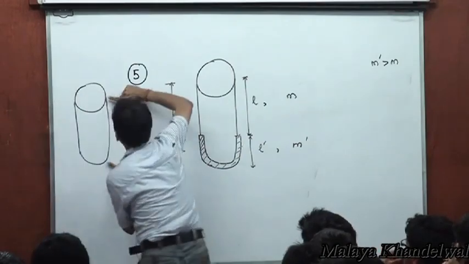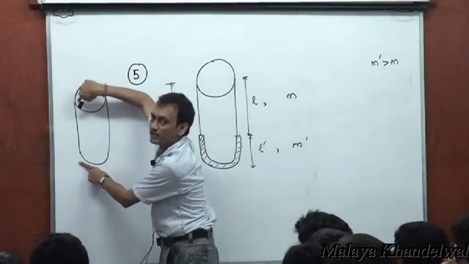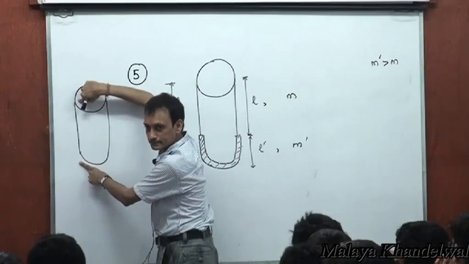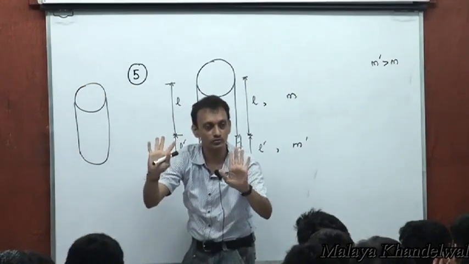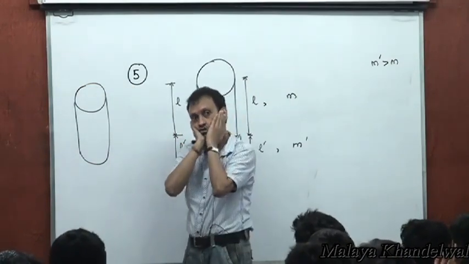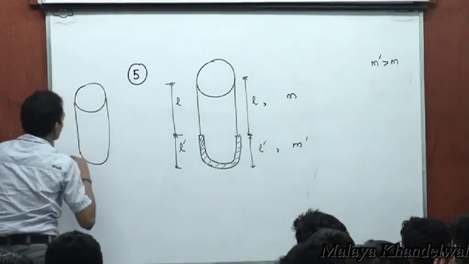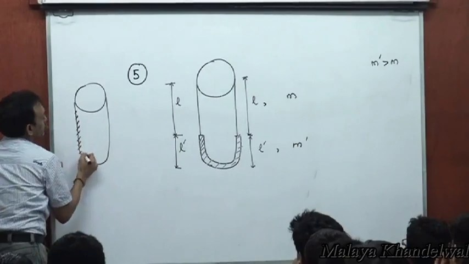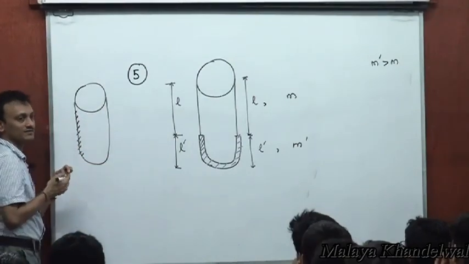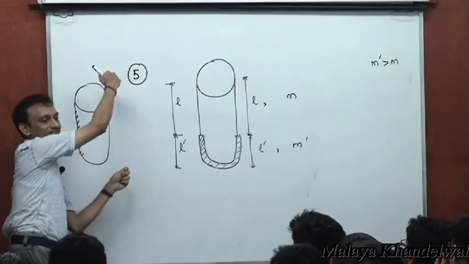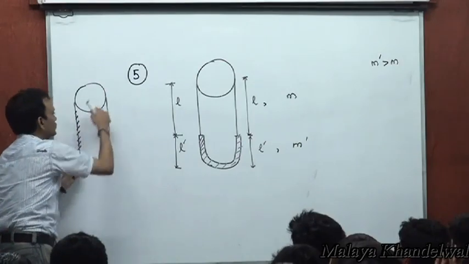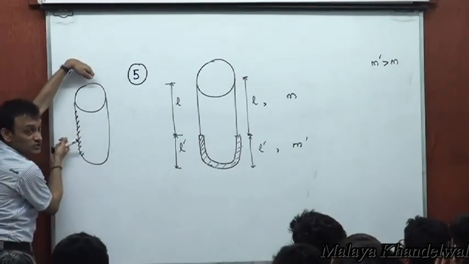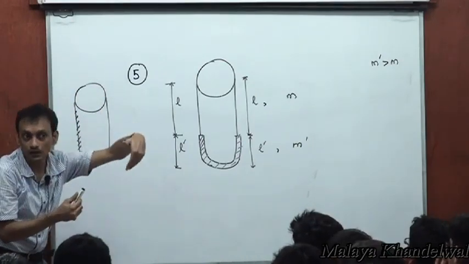Because the weight on this side would have been the same as the weight on this side. There would be no change brought about, right? Suppose this part was heavier compared to this part, then it will move like this. If this was heavier compared to this, it will move this way. Yes or no?